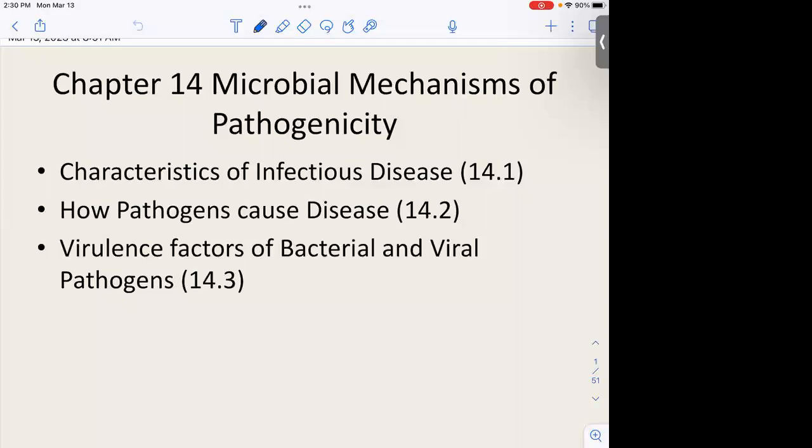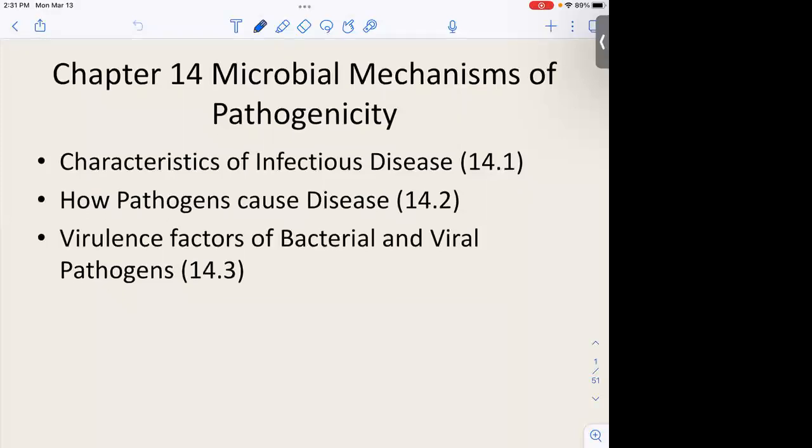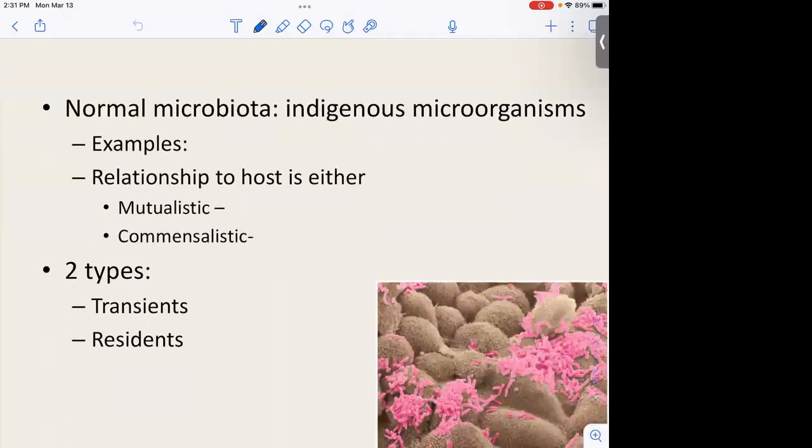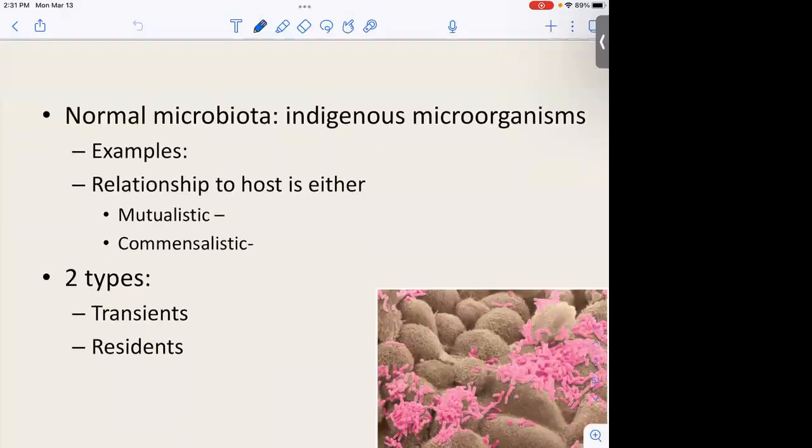We'll walk through the process of infectious disease and think about the repertoire or the arsenal that pathogens have and what makes them successful in causing disease. We call those things virulence factors. And then the next chapter really piggybacks on it and talks a little bit about epidemiology. Okay, so we'll get to that for the next exam. But we'll first start with talking about our normal microbiota.